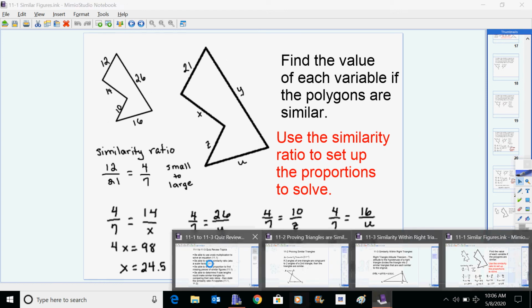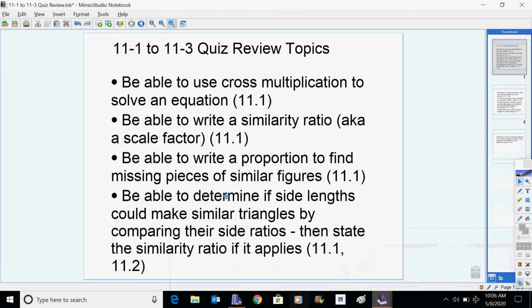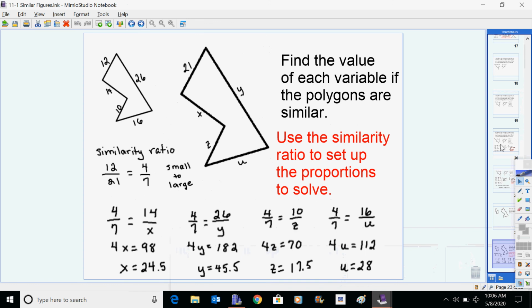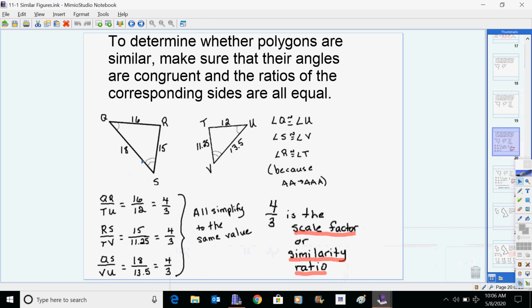Another thing you need to be able to do is determine if side lengths could make similar triangles. We looked at that in section 1. It may not necessarily be written with the triangles set up.